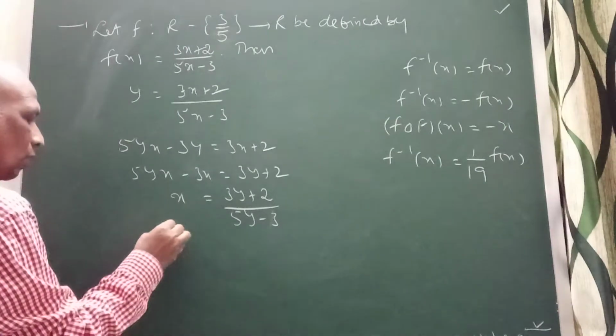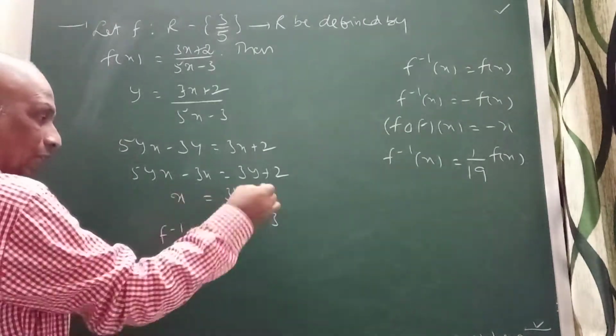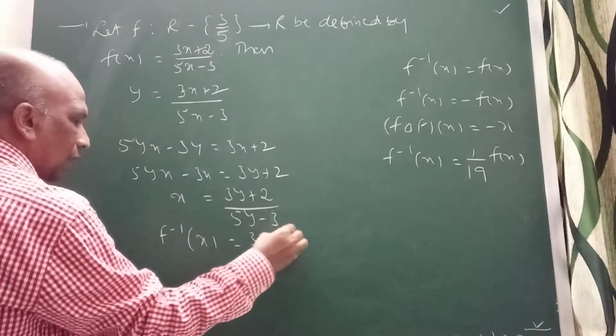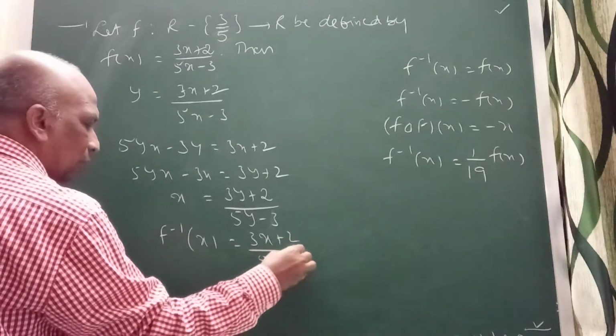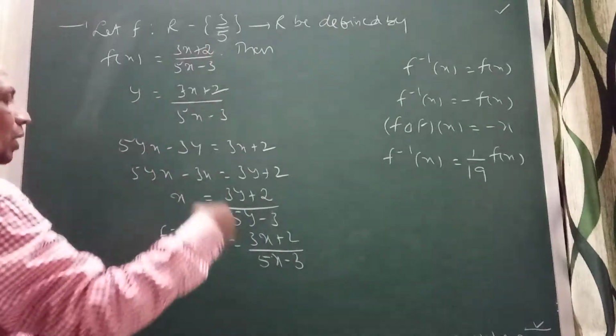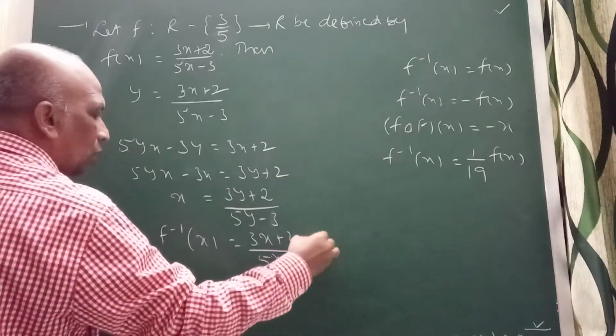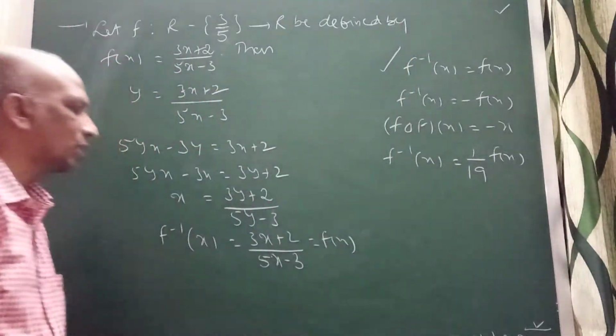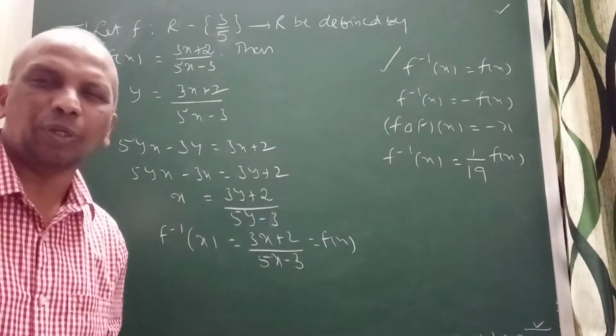This is nothing but f inverse of y. So f inverse of x is (3x plus 2) by (5x minus 3). This is the same as the given function f of x. So your answer is the first option only: f inverse of x is equal to f of x.